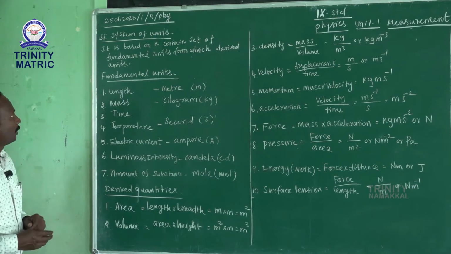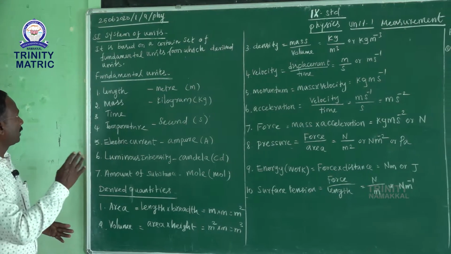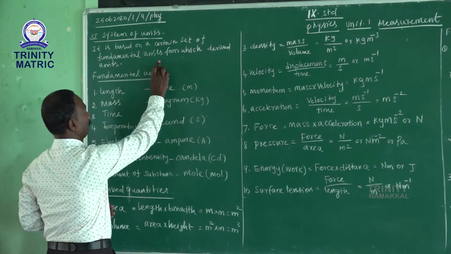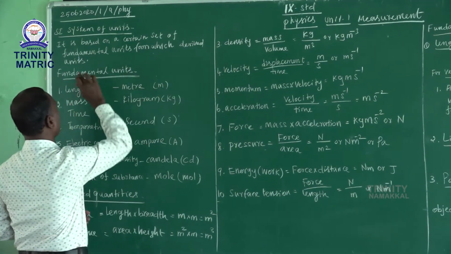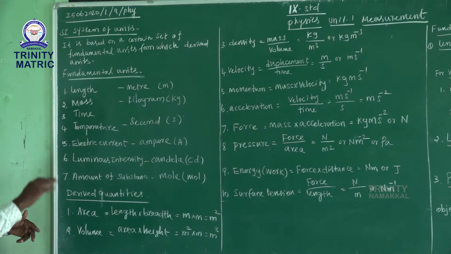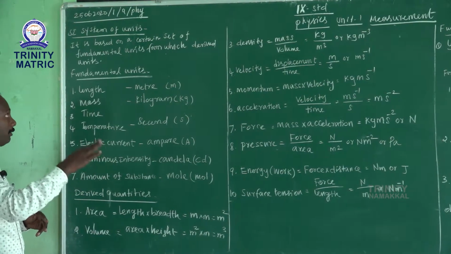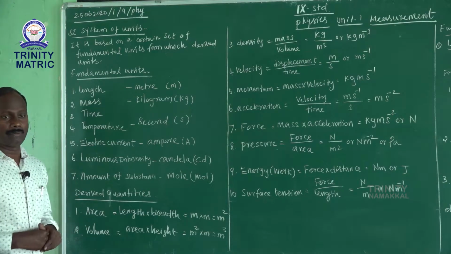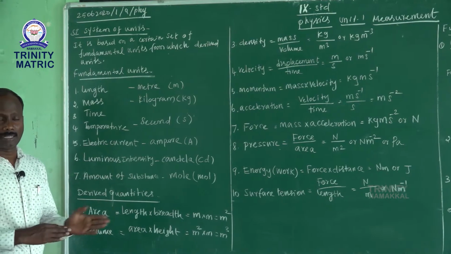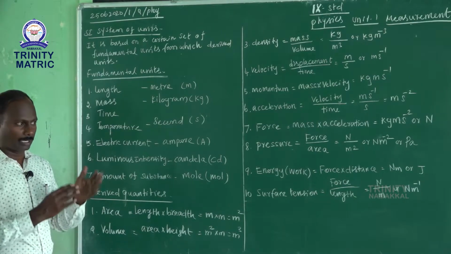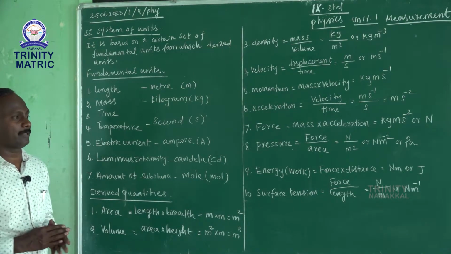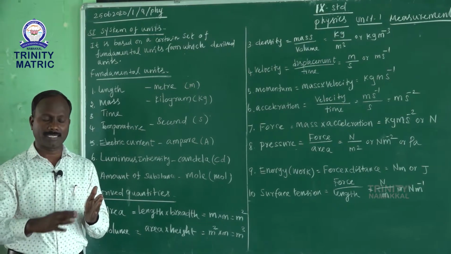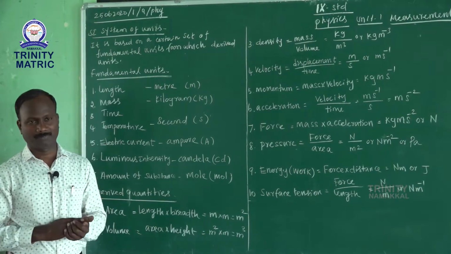The SI system of units is based on a certain set of fundamental units from which derived units come. So all the derived units are derived from the fundamental units. You know already about fundamental quantities and derived quantities. A fundamental quantity is a quantity that cannot be expressed in terms of any other physical quantity.